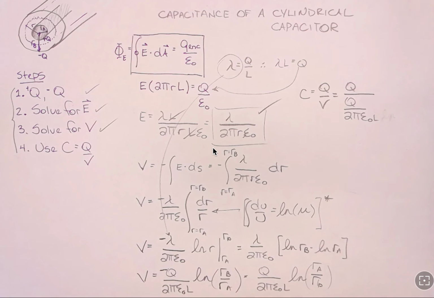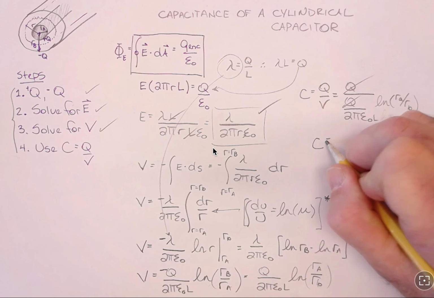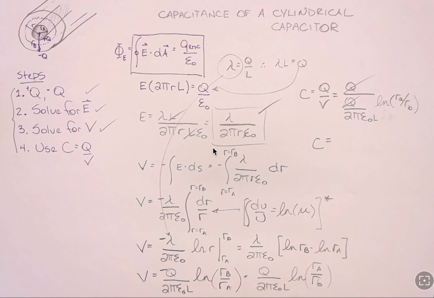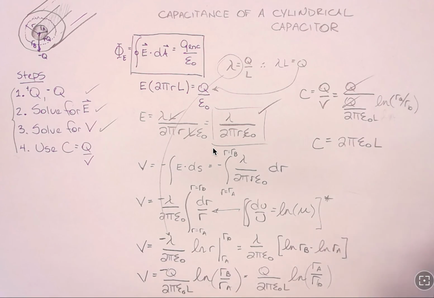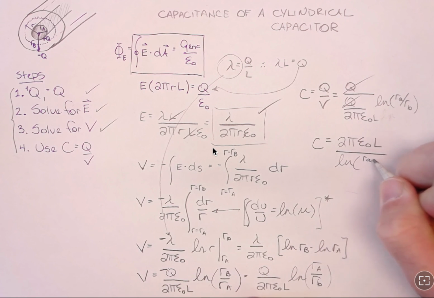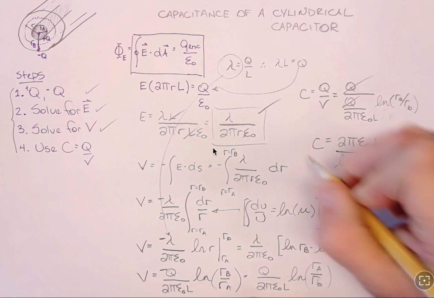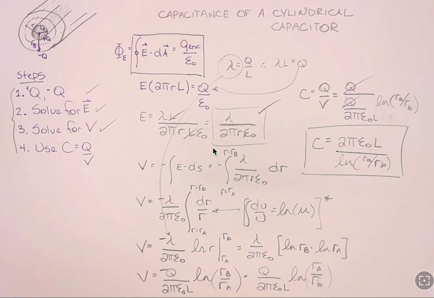This is in the denominator, natural log RA over RB. And so the Q's cancel out, and my final expression looks like this. The capacitance for a cylindrical capacitor is 2 pi epsilon naught L, the length of the capacitor, divided by the natural log of RA over RB. And that is my expression for the capacitance of a cylindrical capacitor.